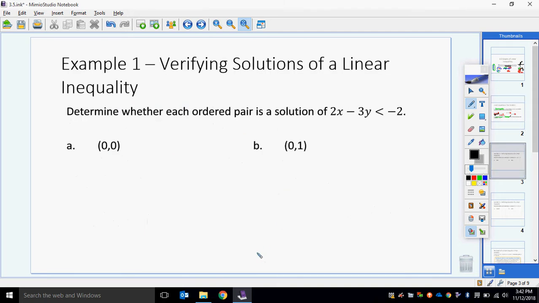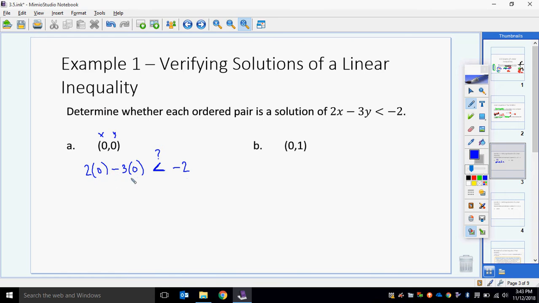So let's practice that. Determine whether each ordered pair is a solution of the inequality 2x minus 3y is less than negative 2. So I have my x and my y, and I want to plug those in. So 2 times x minus 3 times y. Does that give me a number that's less than negative 2?